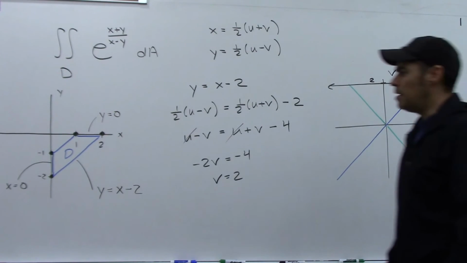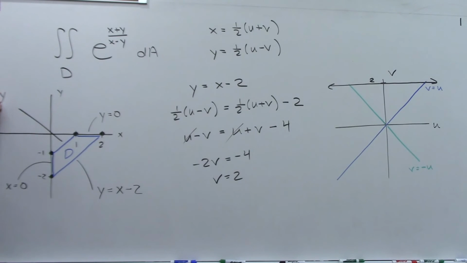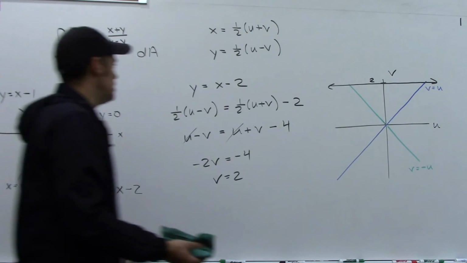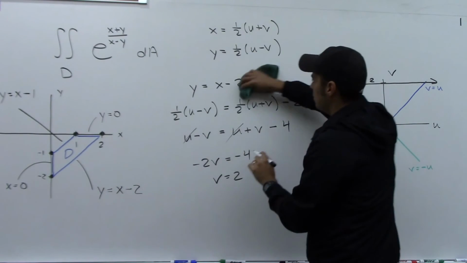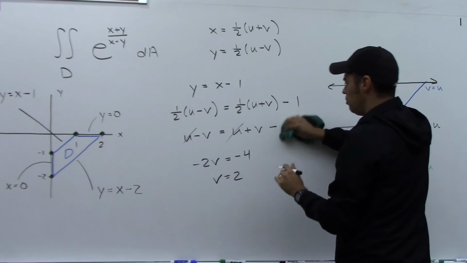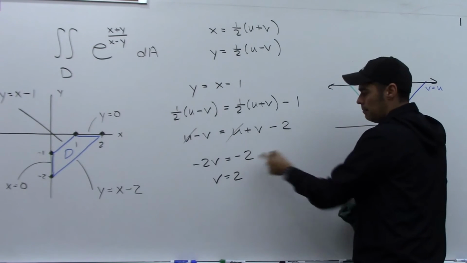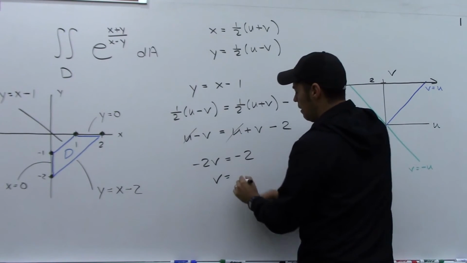And then I'll do the same thing for this line segment here. That again has a slope of 1, has a y-intercept of negative 1 though. So if I come over here and change this, the only thing that changes is this is a minus 1. This is a minus 1, and when I multiply both sides by 2, I get 2 here, which gives me negative 2 there, and then minus 2 there, and then here it'll be 1.